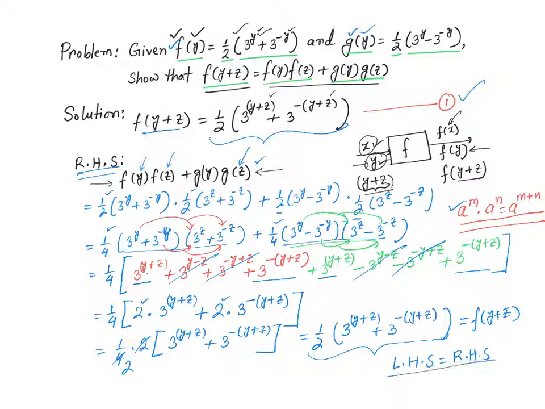Basically, we used the function definition to simplify the left hand side, which is f of y plus z. Then we took the right hand side and simplified it all the way and came up with f of y plus z.